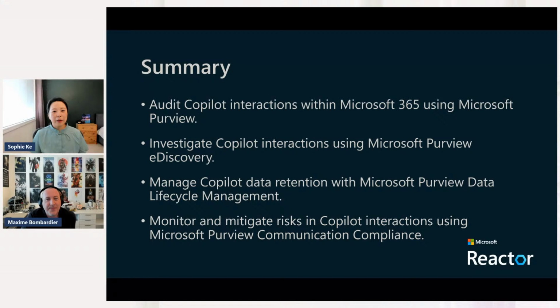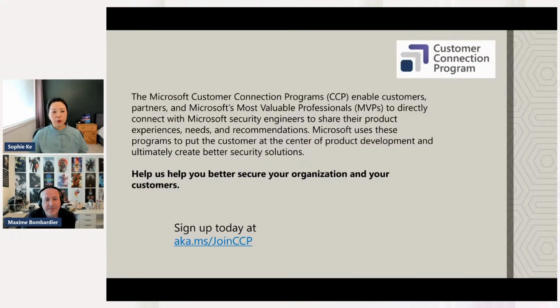So there are a few plugs and also resources we want to share with you. Number one, we love the customer connection program. This is our program for data security, data compliance, and Purview to secure and govern AI. It helps us connect with you directly and also gives you access to private previews, upcoming features, roadmap calls, all of that good stuff.